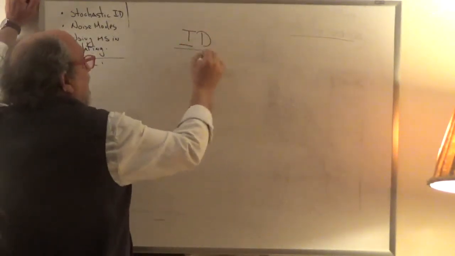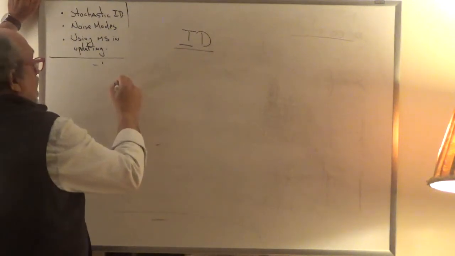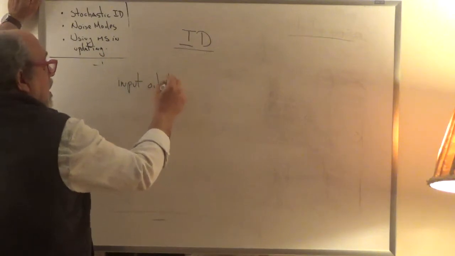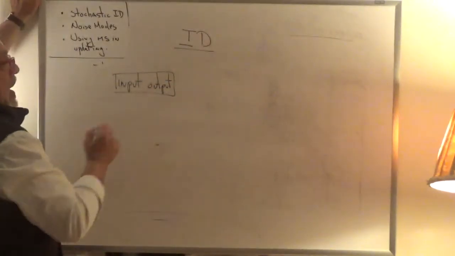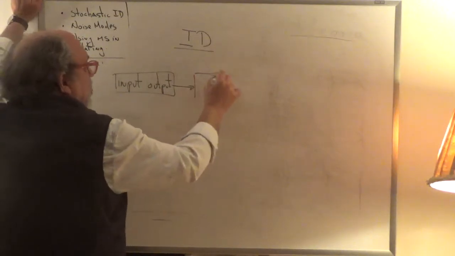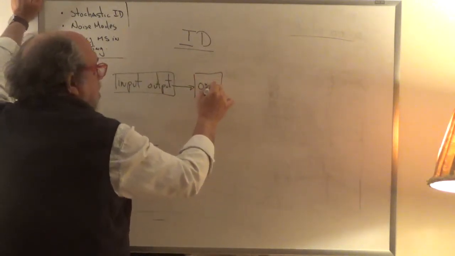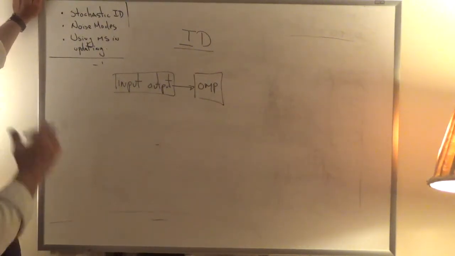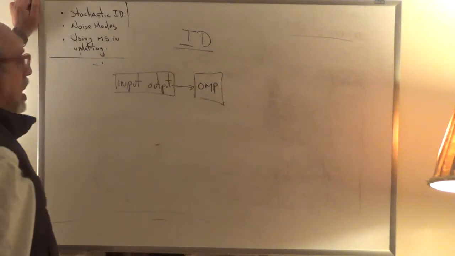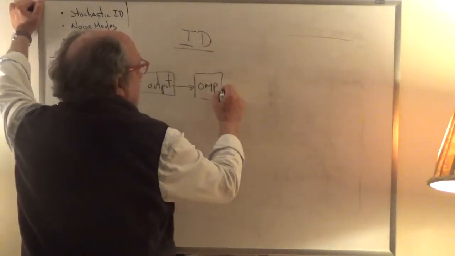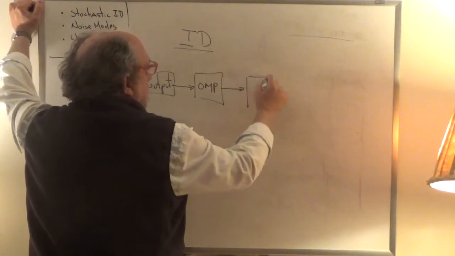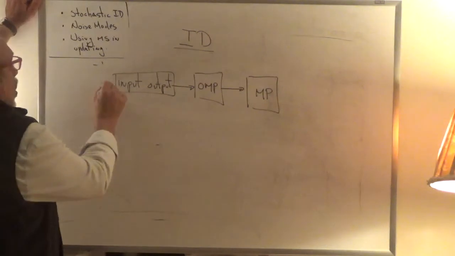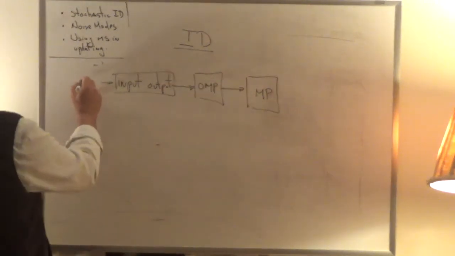In the standard ID, we begin with input and output, and our first step is to obtain observer Markov parameters, because those Markov parameters were kind of a mess to get otherwise. Then we unzip these observer Markov parameters and we obtain Markov parameters. This is standard system ID.